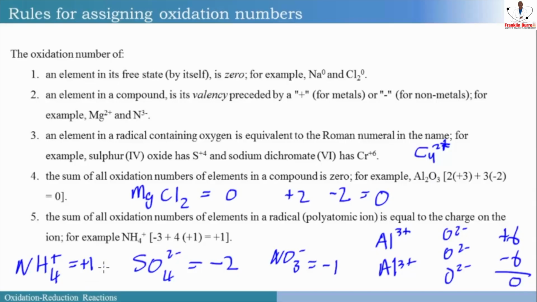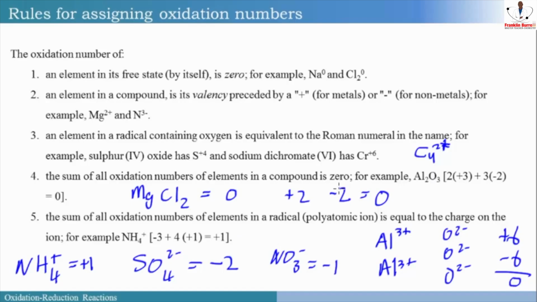The charge is very important, so you need both the sign and the number. Because if you put a number alone, I can't tell if you are increasing or decreasing in oxidation number. So remember that you must put your sign and your number when doing calculations in oxidation and reduction.